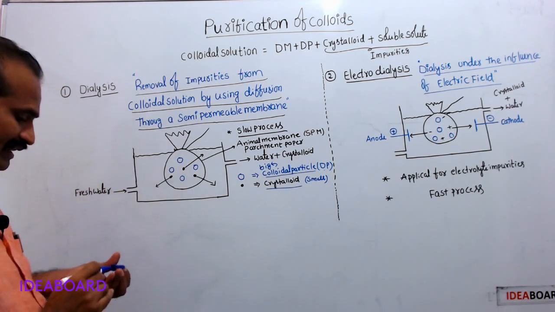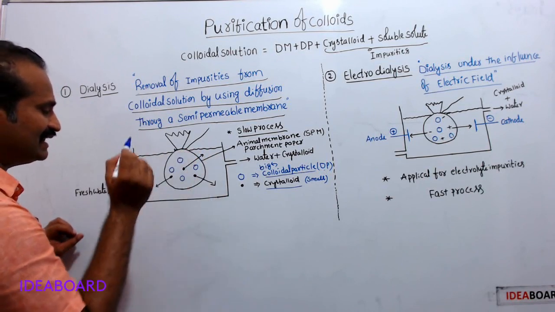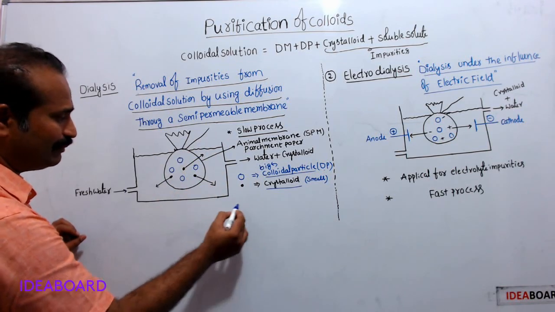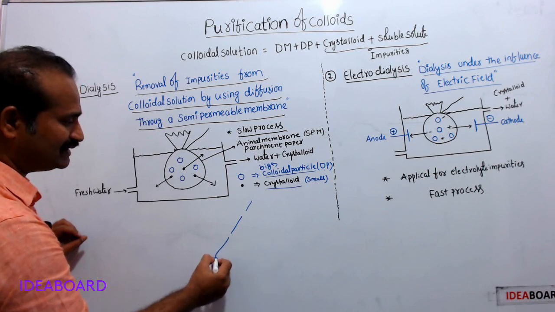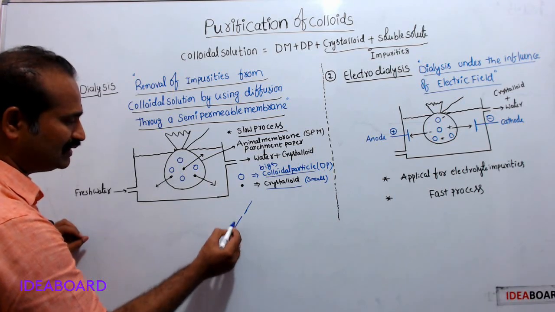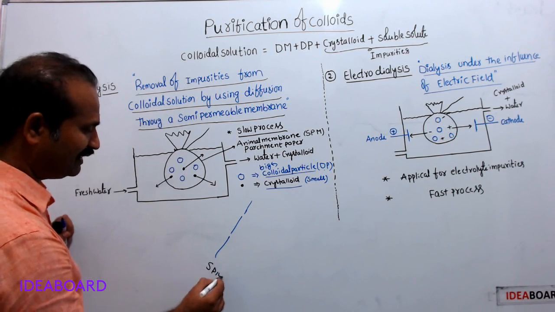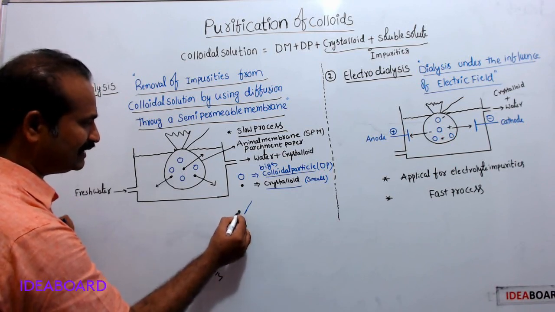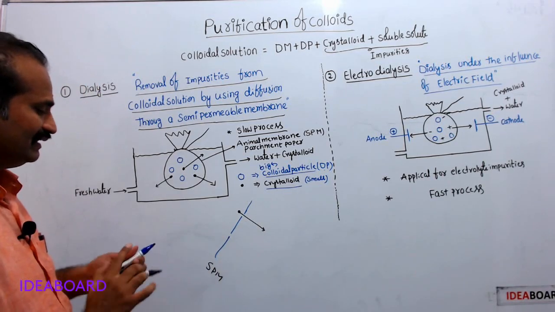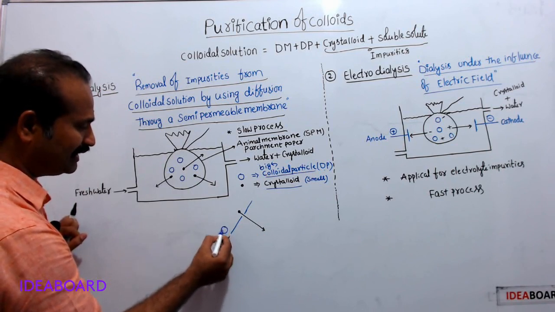Now here this is the animal membrane which acts as a semi-permeable membrane. See here, this animal membrane has pores like this. Through these pores, crystalloid particles easily pass through, but the colloidal particle being big, the pore size is small but the colloidal particle size is big.